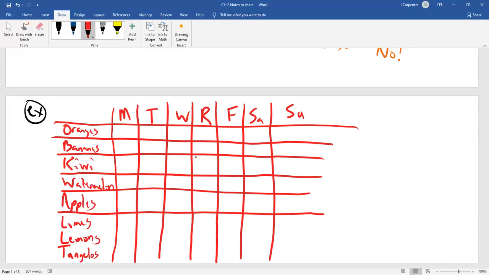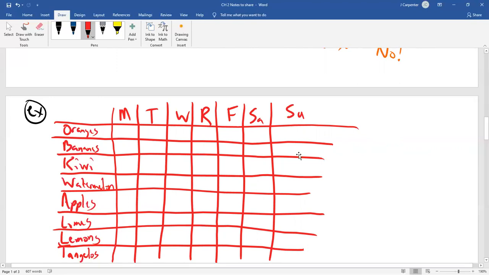Big table, big table. Give you a second to do that.